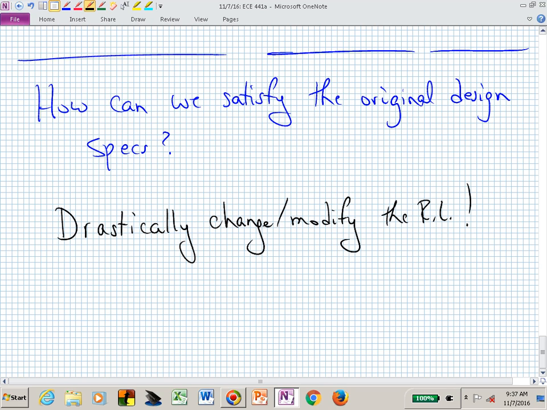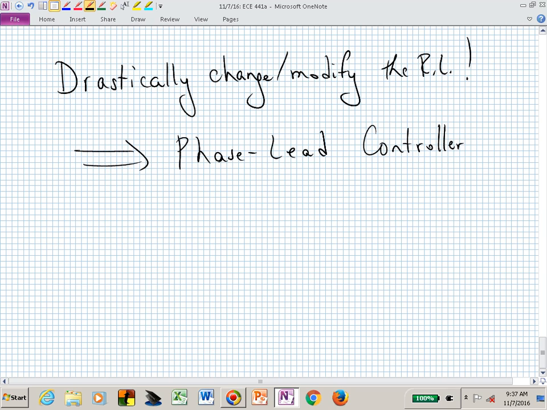the original root locus, and one way to do that is by using what we will now refer to in the rest of the semester as a phase lead controller. So if I now talk about a phase lead controller, you will know exactly what I'm talking about, and you will know that that's meant to dramatically change the original shape of your root locus.